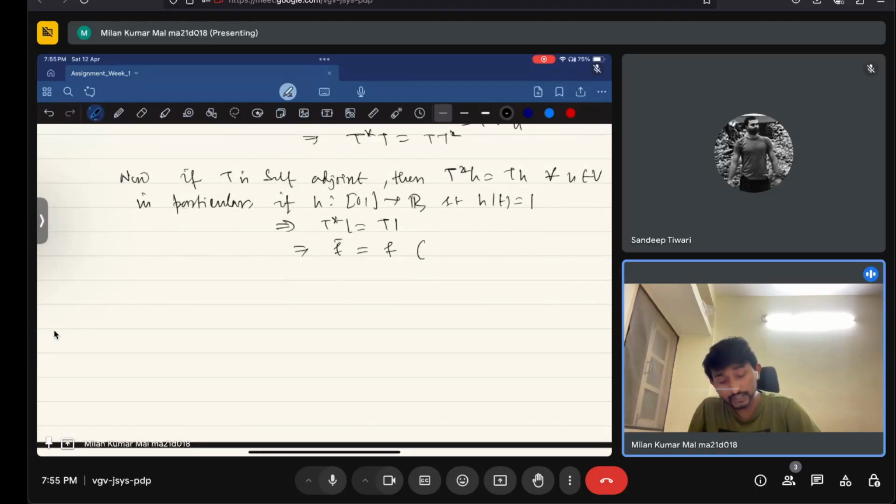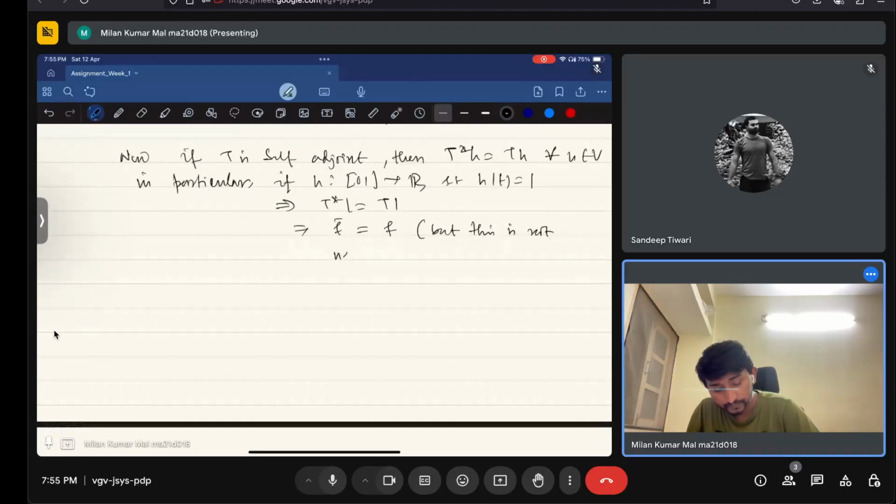But this is not necessarily true for any given f in V.